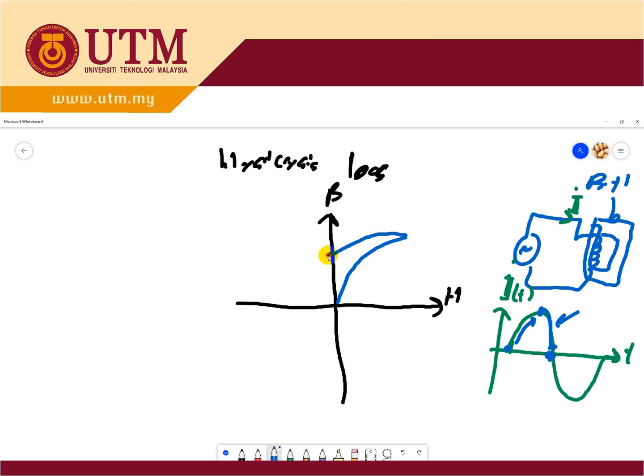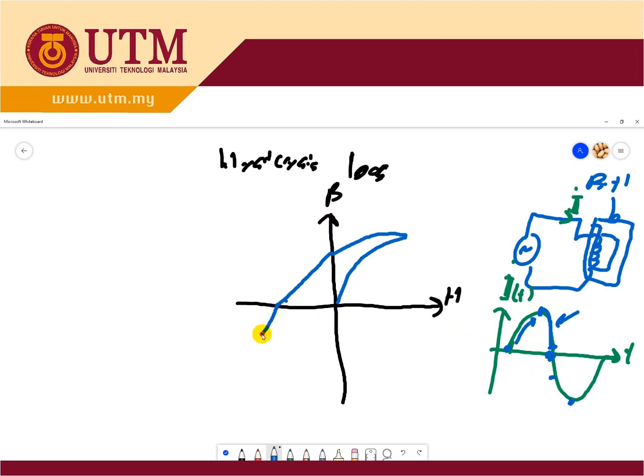Then it moves on here, and H is at a certain point. When H has a value, B becomes 0.